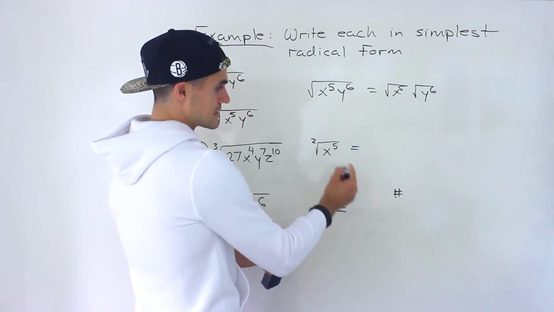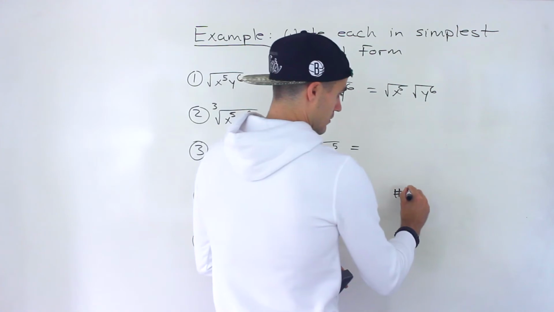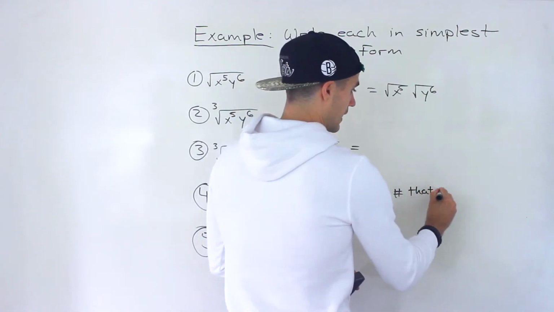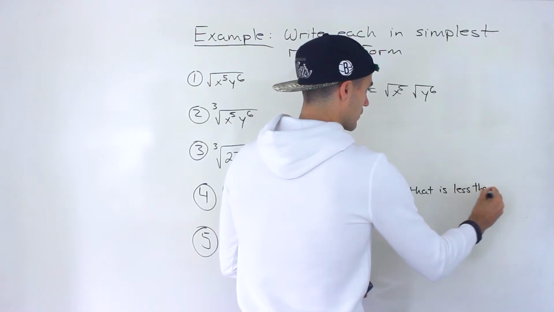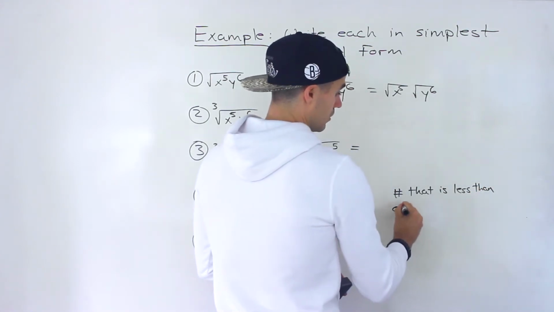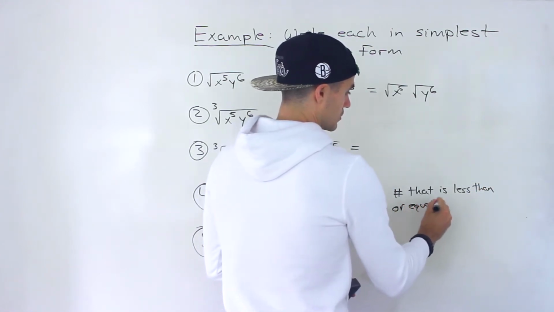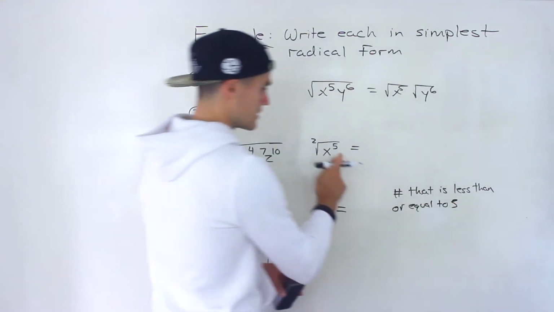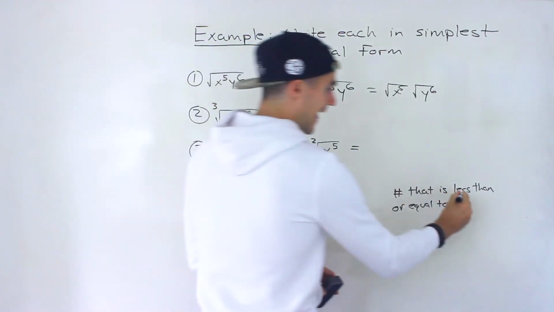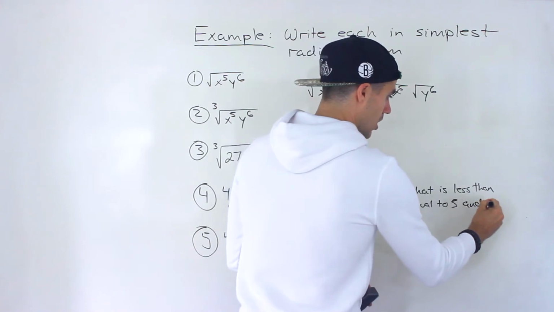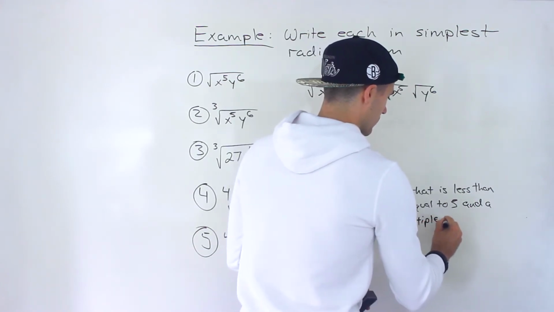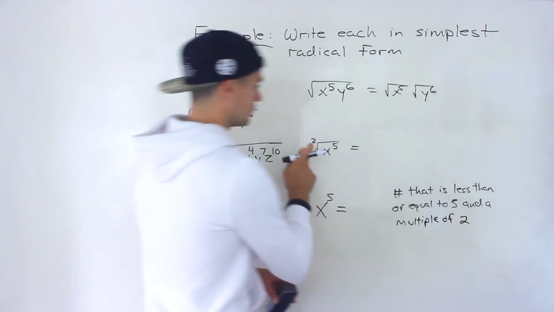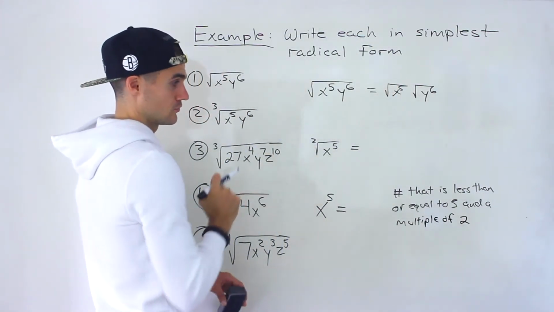What you want to think of is a number that is less than or equal to 5, this exponent, and a multiple of 2, this root over here.